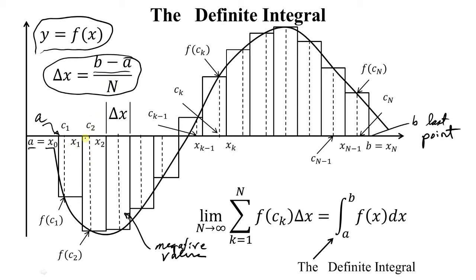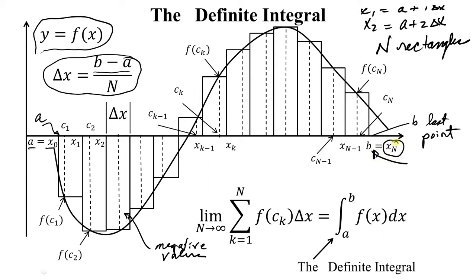We're going to look at x1, which is a plus 1 times delta x, and of course x2 would be a plus 2 times delta x, and we keep on adding rectangles until we have n rectangles, and finally we get to b equal x sub n.